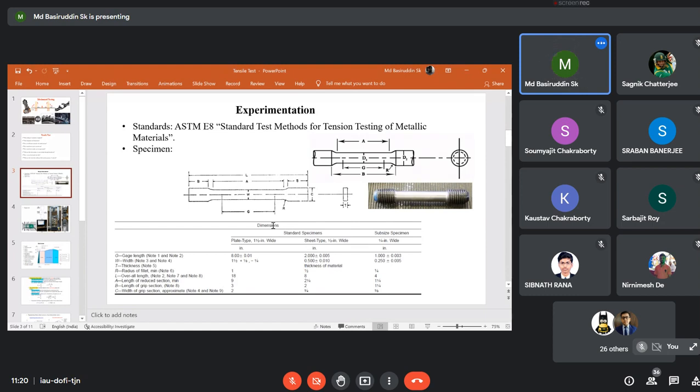Okay, can you tell me what sort of defects a material can retain? Type of defects.